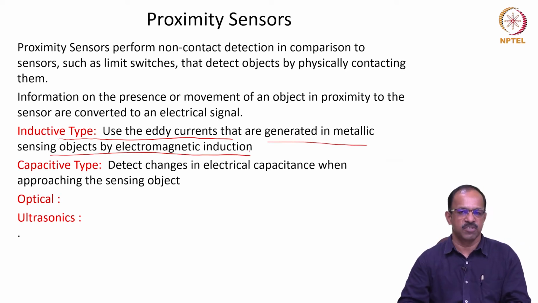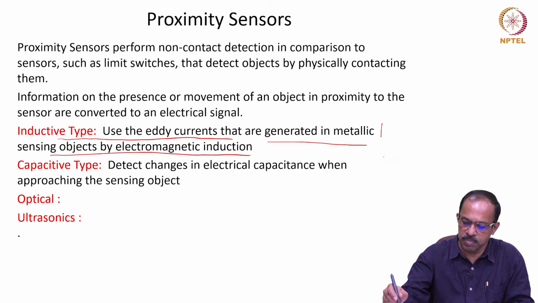When the metallic objects are close to the sensor, because of electromagnetic induction there will be an eddy current formation, and that will result in some kind of change in the sensor, and that can be used as a detection of objects proximal to the sensor.